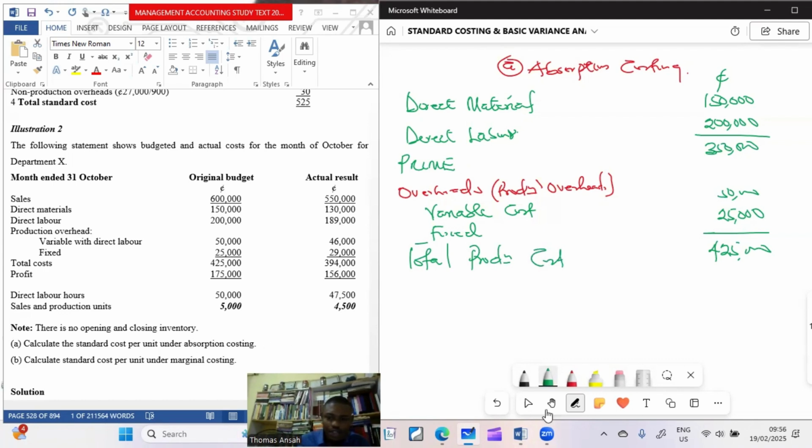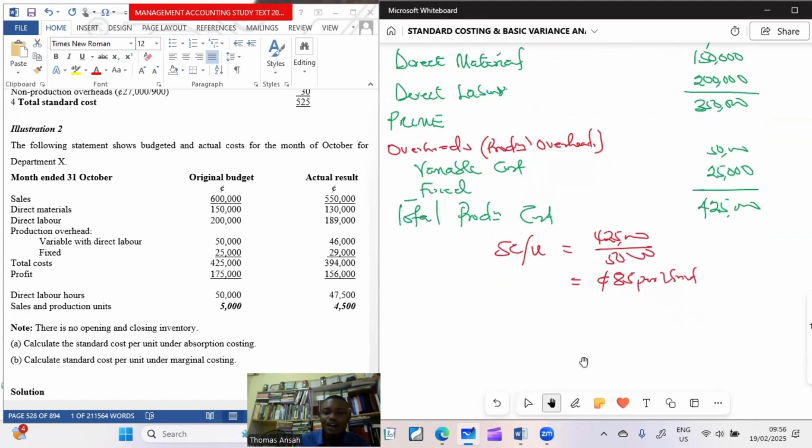So that is that. Now, there's no opening and closing. So what is the standard cost per unit? We have 425,000 divided by the units produced here. So 425,000 over 5,000. I get 85 cedis per unit. But if I'm doing marginal costing, fixed cost won't come in.